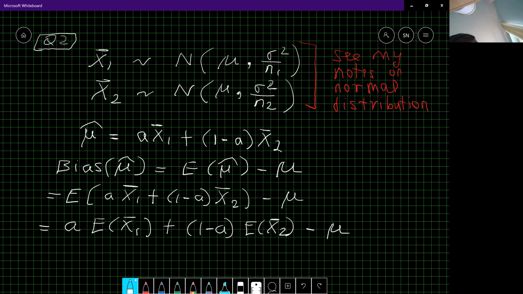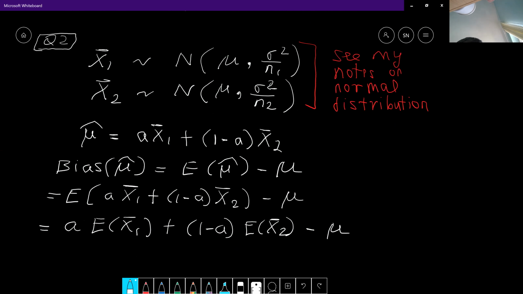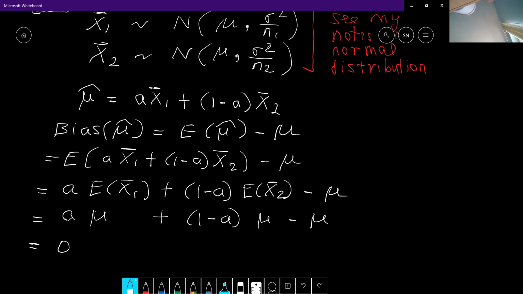Now we know from what I wrote above that the expectation of x bar 1 is mu, and the expectation of x bar 2 is also mu. So this is clearly equal to 0.